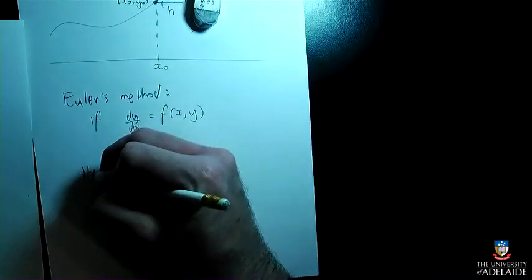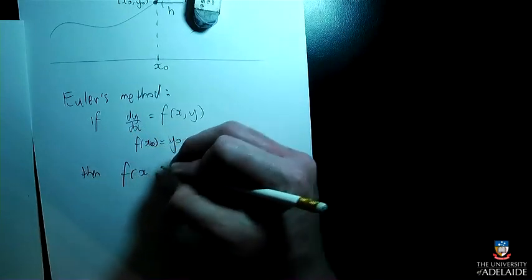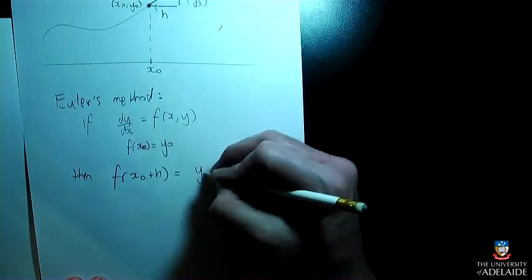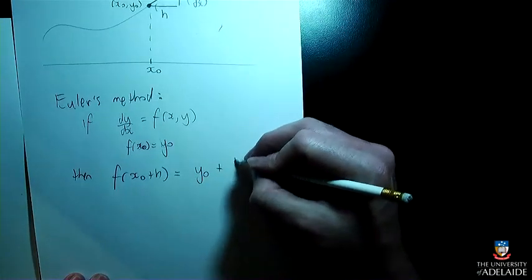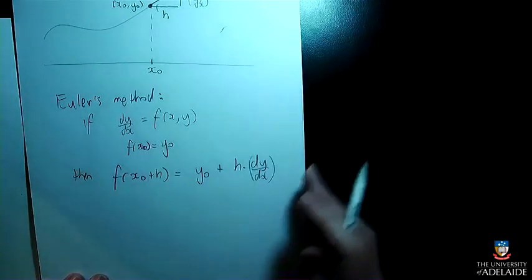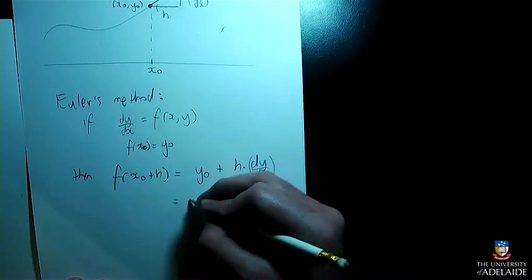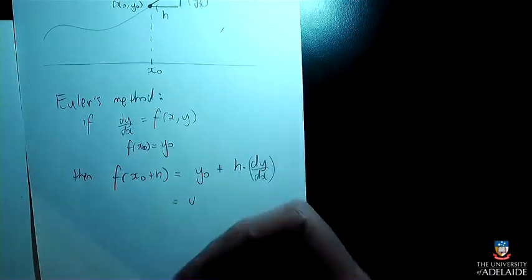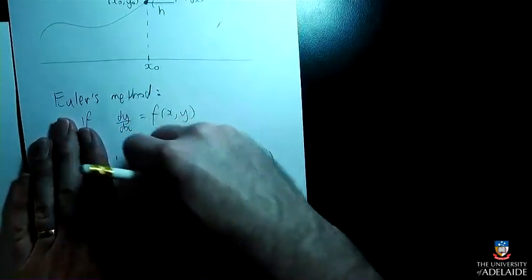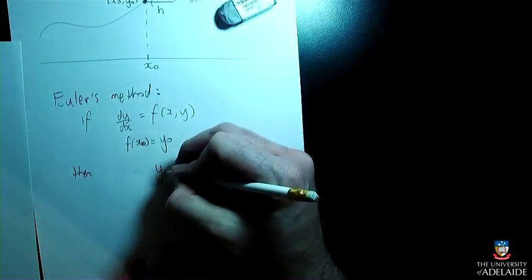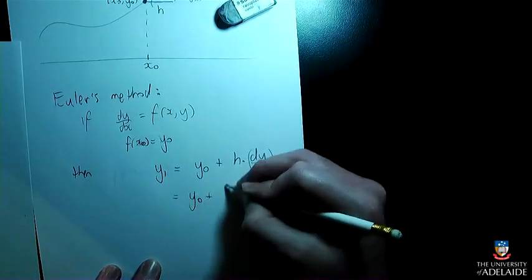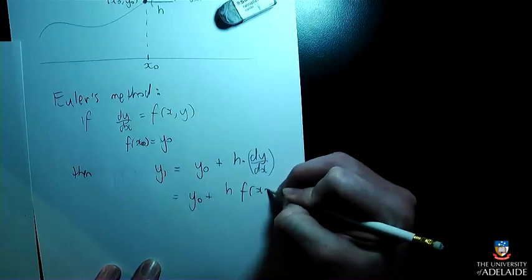Then f of x naught plus a bit will be whatever y naught was before, plus h times whatever dy on dx is, subbing in x naught and y naught. No, bloody... Ugh. y1 is y naught plus h times f of x naught, y naught.